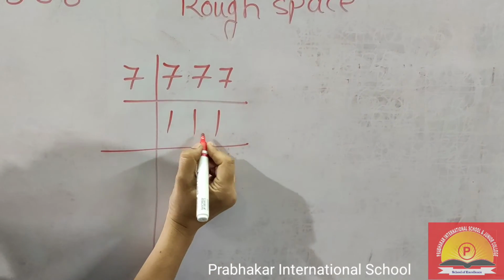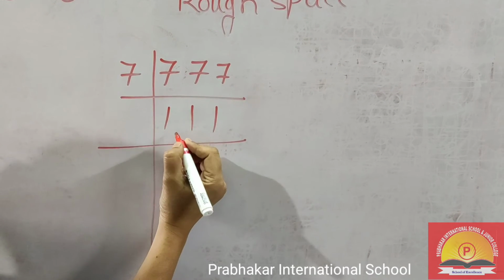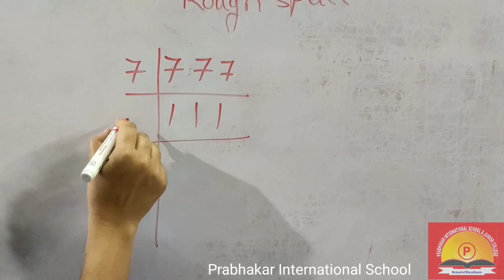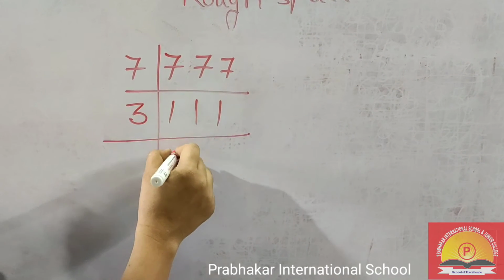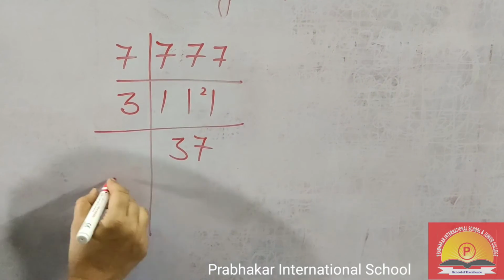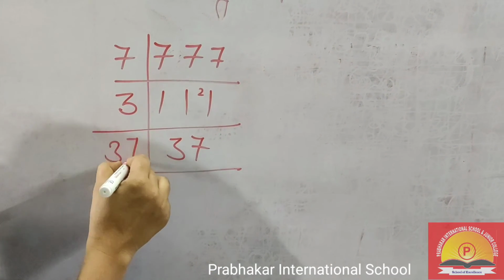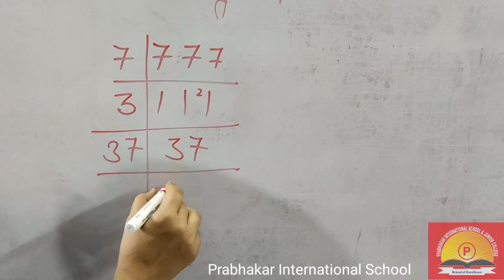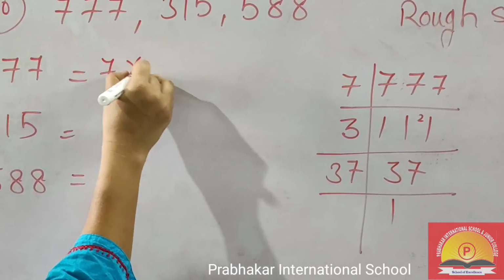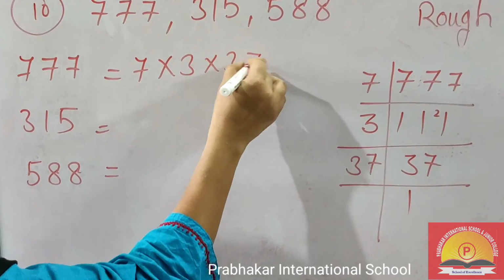Now add these numbers 1 plus 1, 2, 3. It means that the entire number is divisible by 3. Divisibility test of 3. So 3 3s are 9, 2 carry over, 3 7s are 21. 37 is a prime number, so it will divide by itself only. 37 ones are 37. So the prime factors are 7 into 3 into 37.